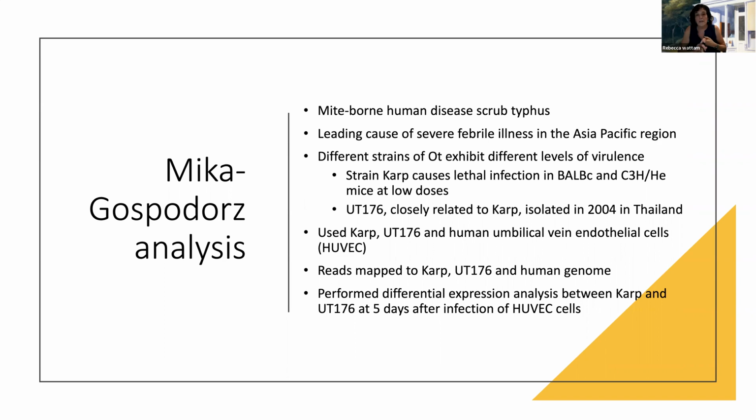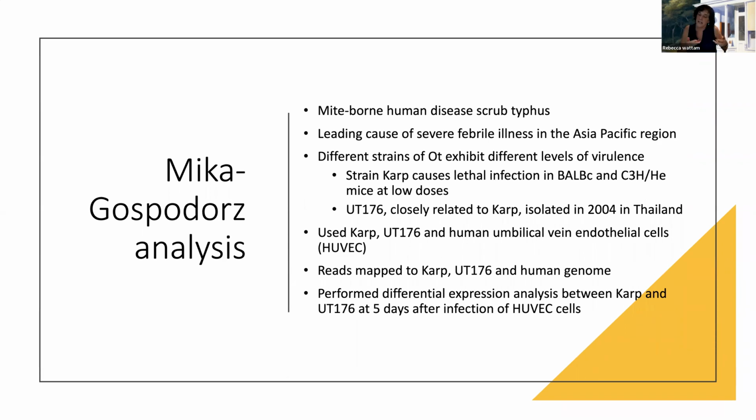Strain Karp causes a very fast lethal infection in mice, even at low doses, and there's a closely related strain, UT176, that was isolated in Thailand in 2004. They incubated Karp and UT176 with human umbilical vein endothelial cells, or HUVEC cells.